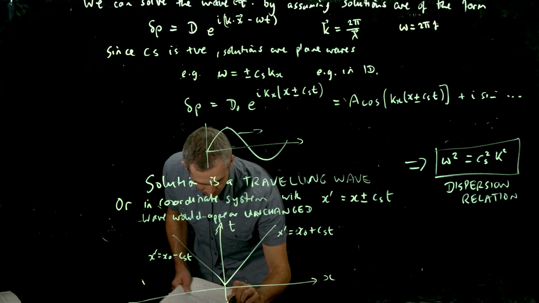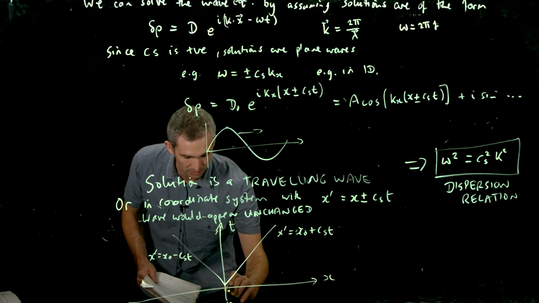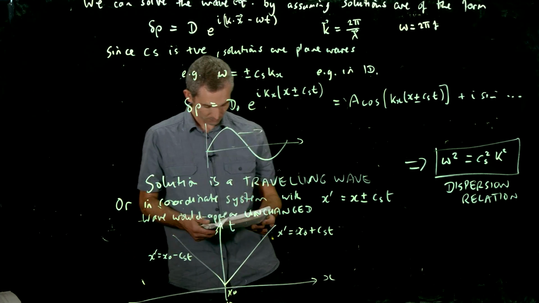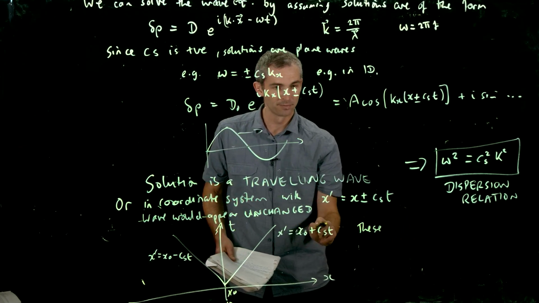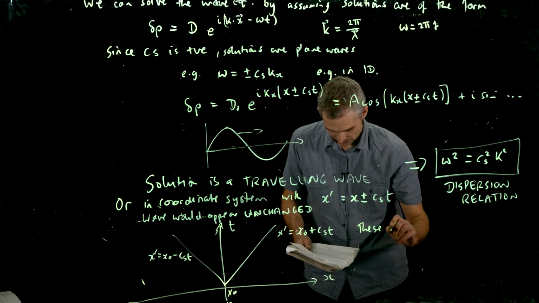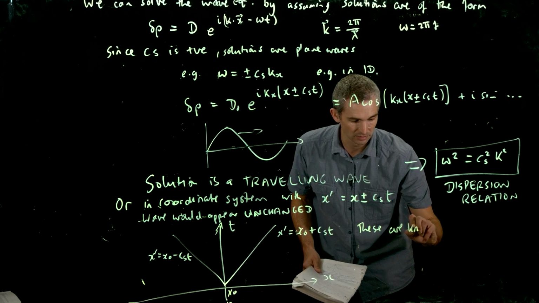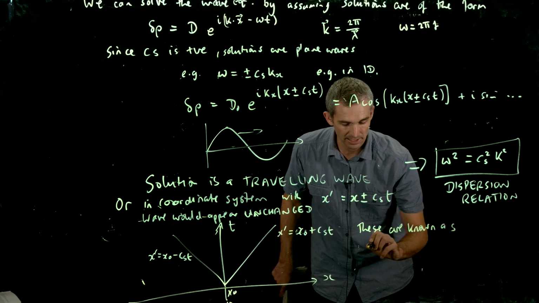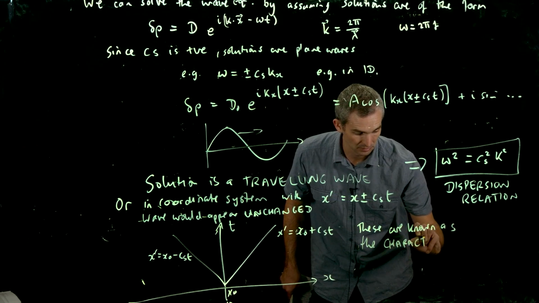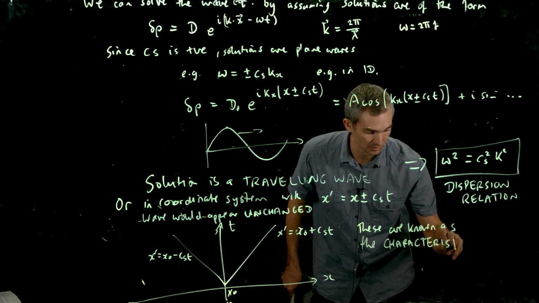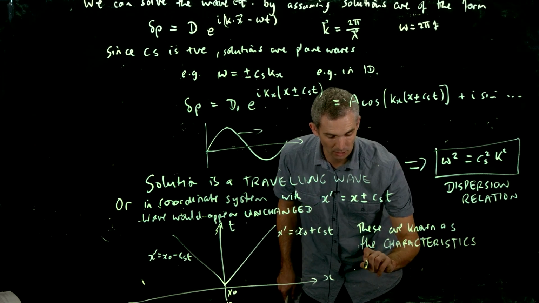This is x naught, my initial position. And so these lines of constant x dash are known as the characteristics of the wave equation.